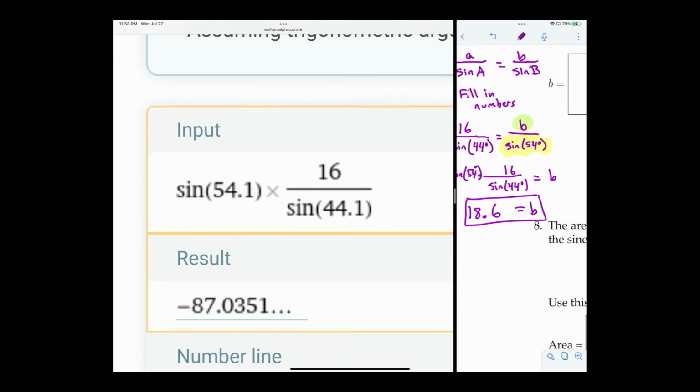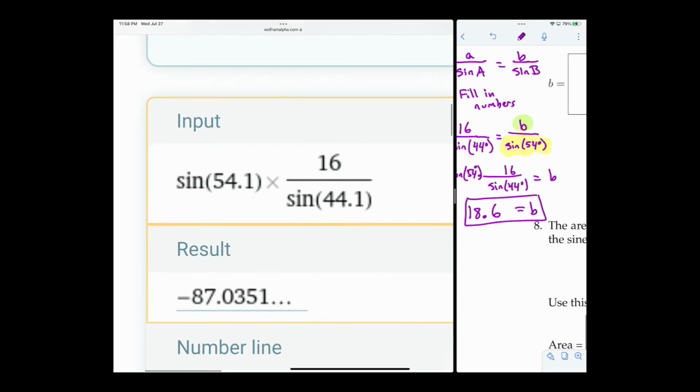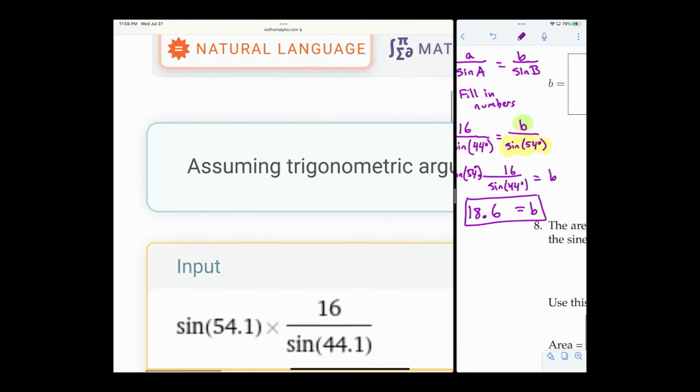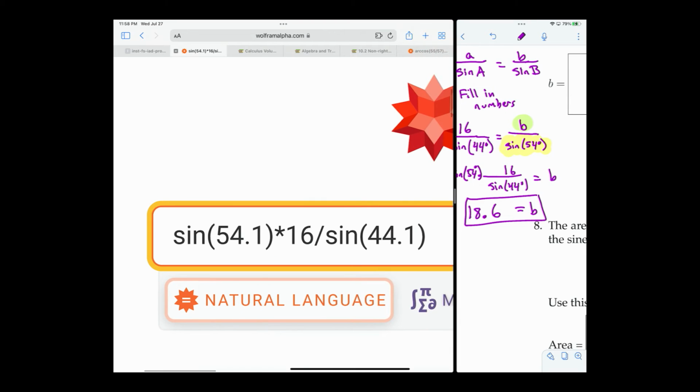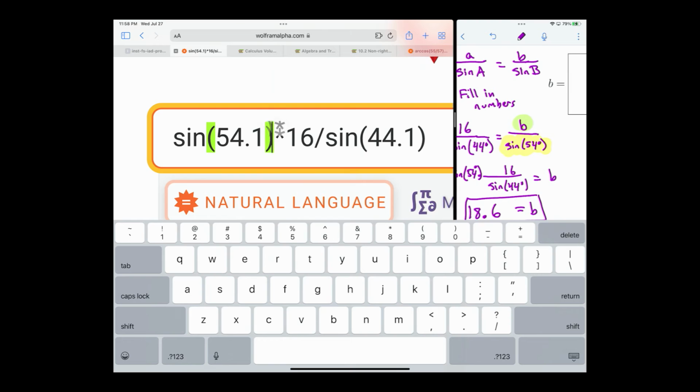No degree symbol. So Wolfram Alpha did not know that I wanted degrees here. And so it calculated the wrong answer because it's trying to do it in radians, even though my angles were supposed to be in degrees. Of course, it wouldn't be right anyway because of the decimals. I put in the wrong numbers.